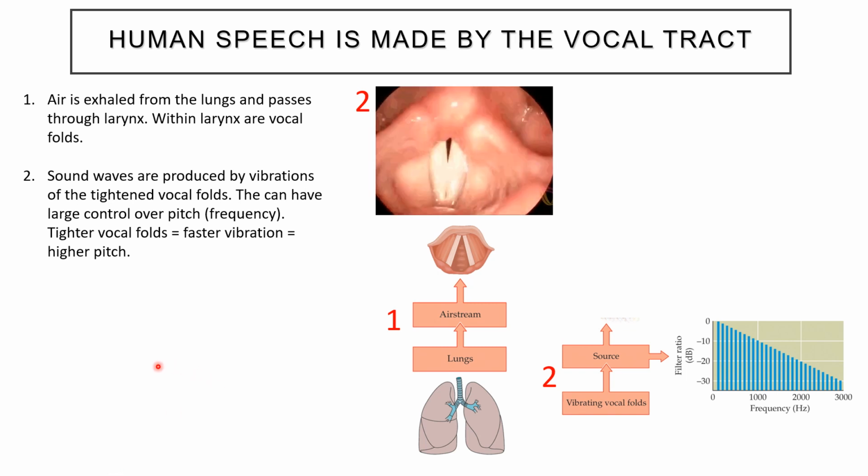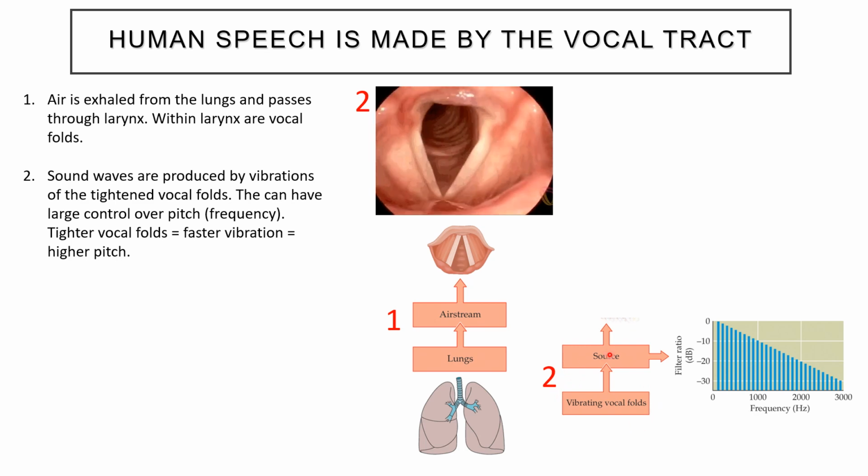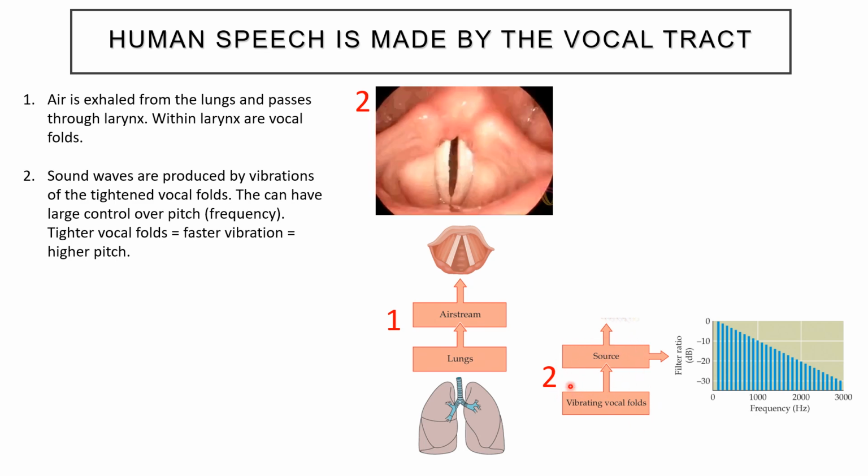All right, so you can force these things, and so what I'm doing by that, I'm increasing the muscle contraction strength, tightening these vocal folds a little bit more so that they vibrate faster to increase the pitch. So we have the vibrating vocal folds that is now the source of sound.